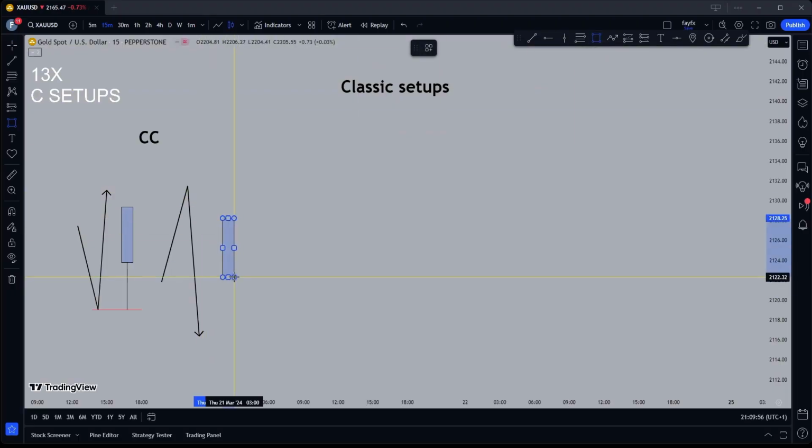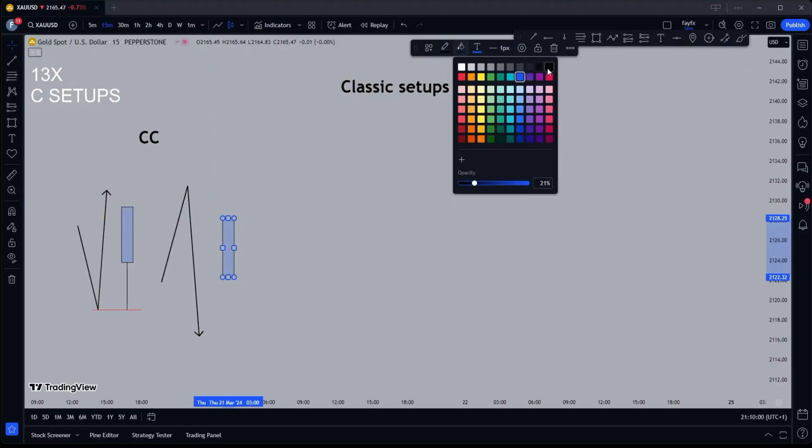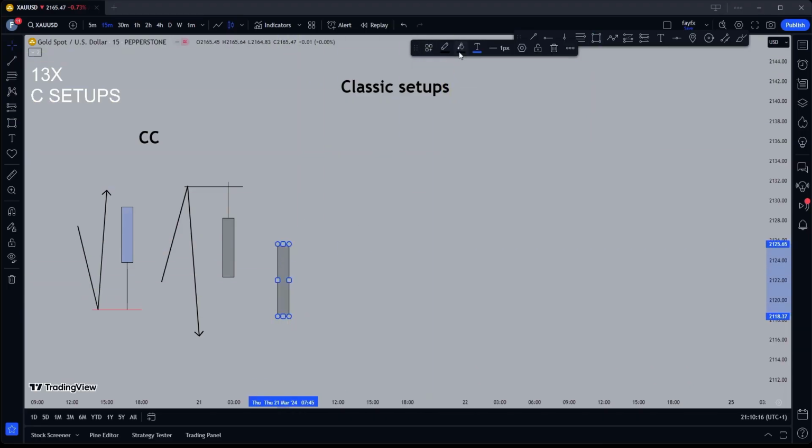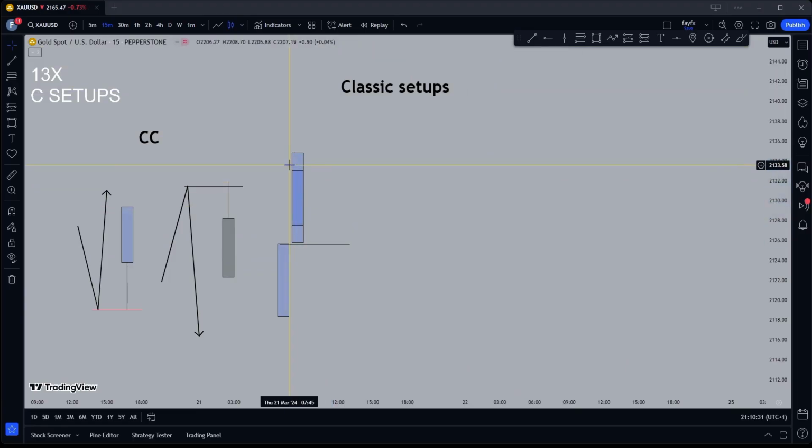For A level, the CC should be bearish. For a bullish gap, this is our gap, the CC should be a bullish CC.